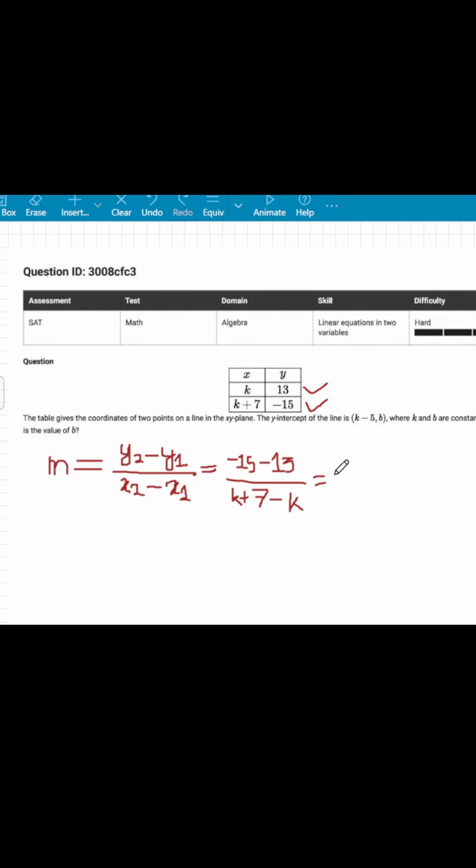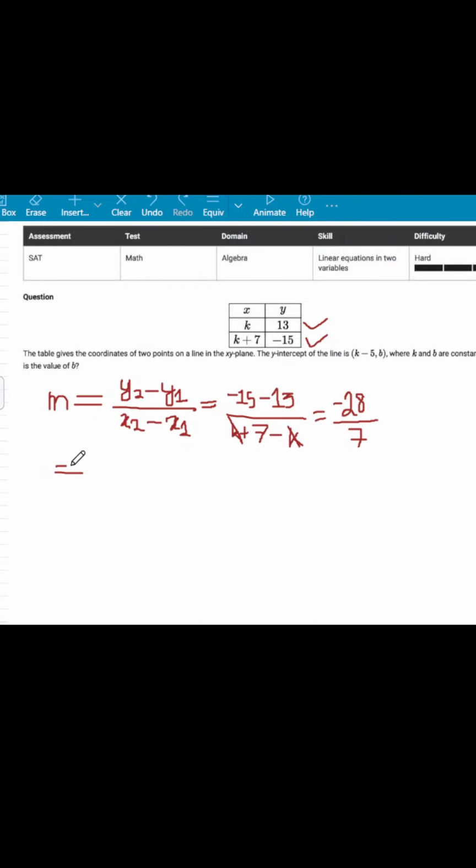So then it becomes minus 28 divided by, and the k will cancel out, it will be 7. So then we get our slope, that is, the slope will be minus 4. Okay, so now we got the slope.